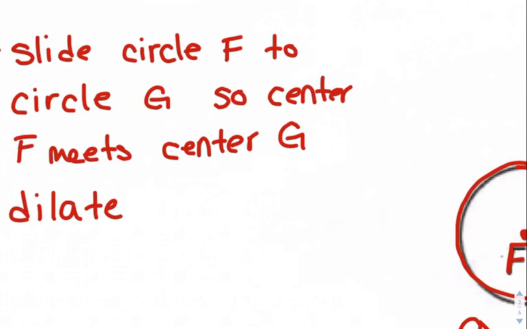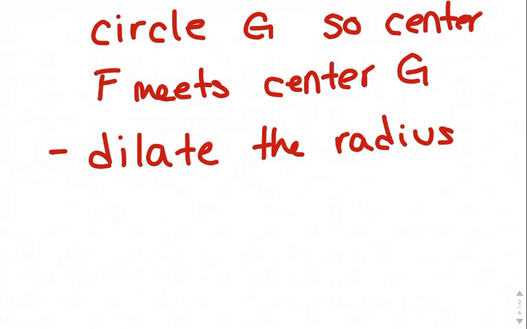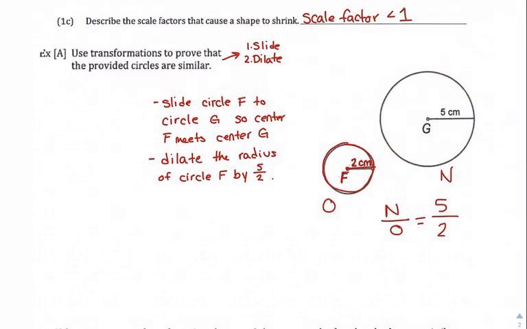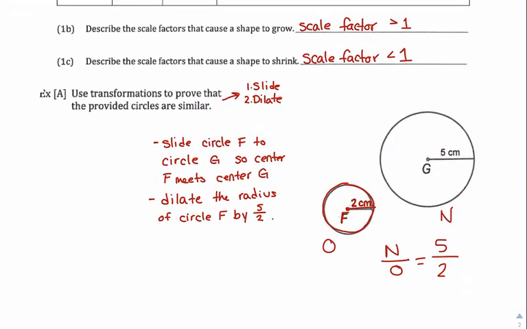So we're going to dilate the radius of circle F by 5/2. And that's how we prove that two circles are similar. So we slide and then we dilate. So the rest of this is going to be your homework. Make sure you complete it and then submit it and check your answers.